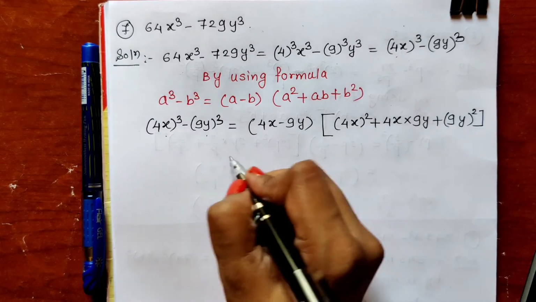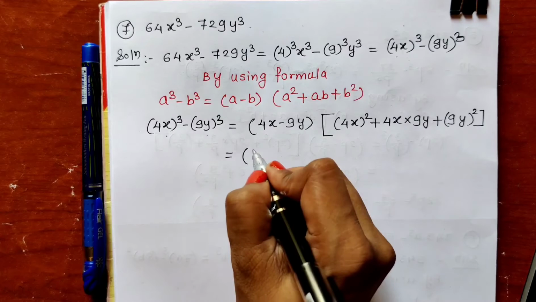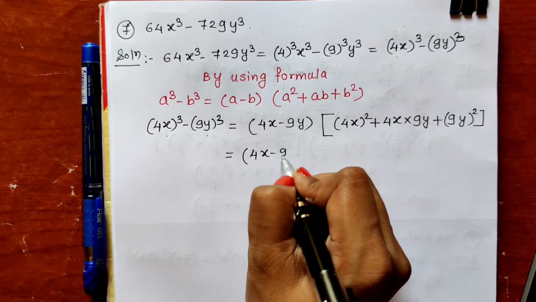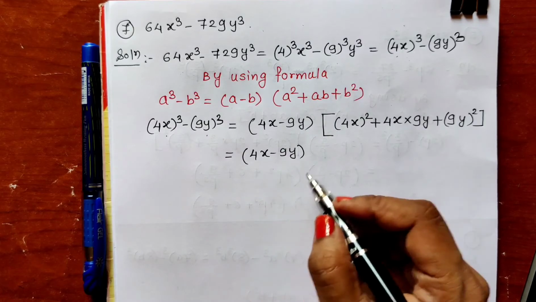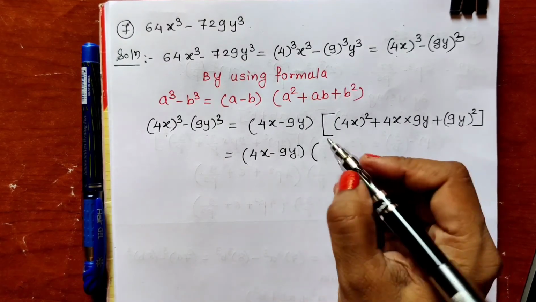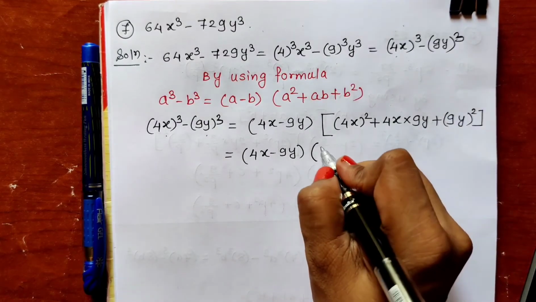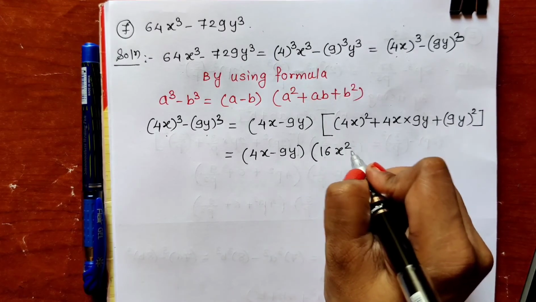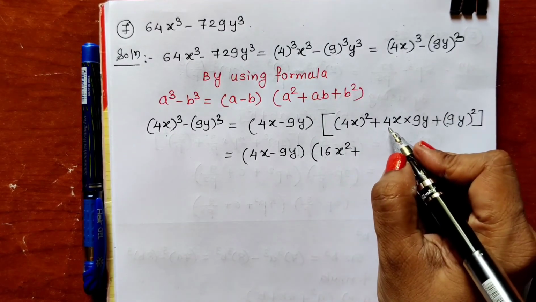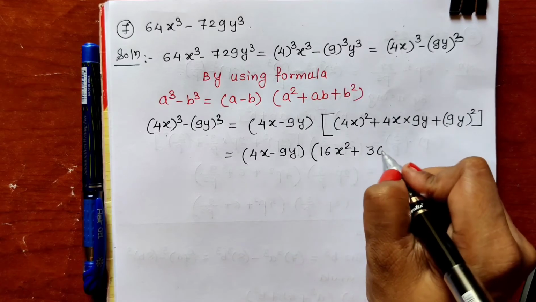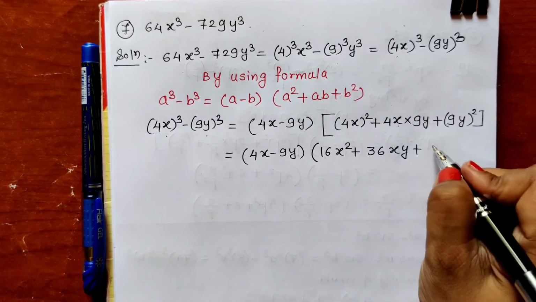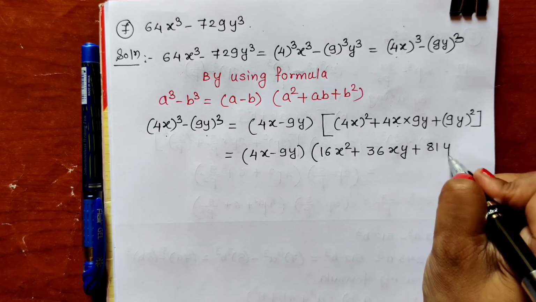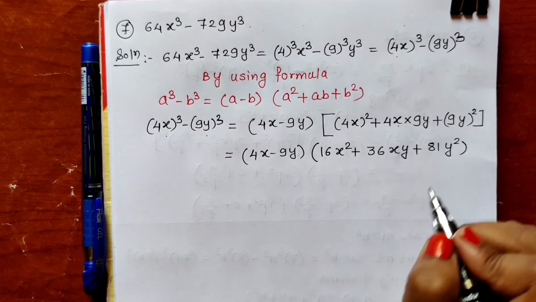Close the bracket. Now solve. In first bracket we cannot take out anything common between 4x and 9y. Nothing is common, so we write as it is. Second bracket, make the round one. 4 square is 16x square. 4 9s are 36xy plus 9 square is 81y square.